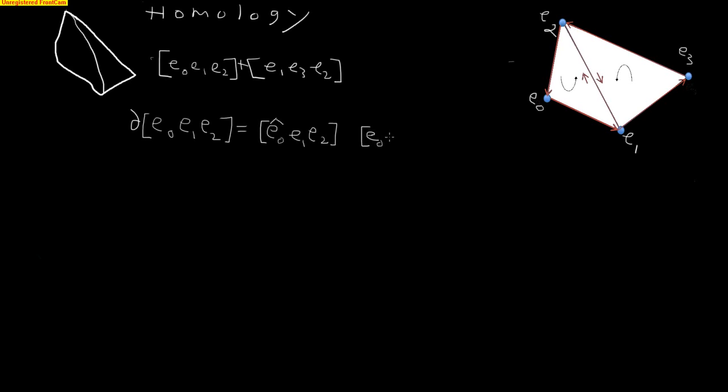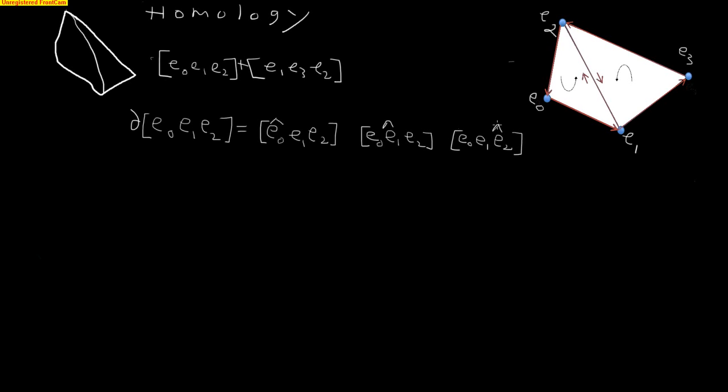Then E0, E1, E2. I'm going to put a hat on the second one here. And E0, E1, E2. I'm going to put a hat here on the third one.